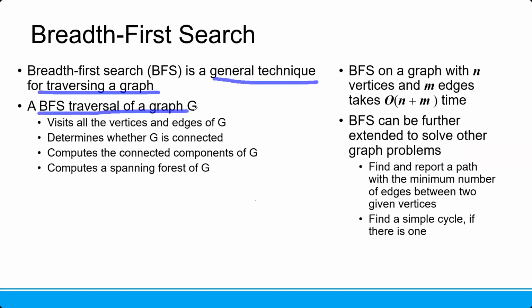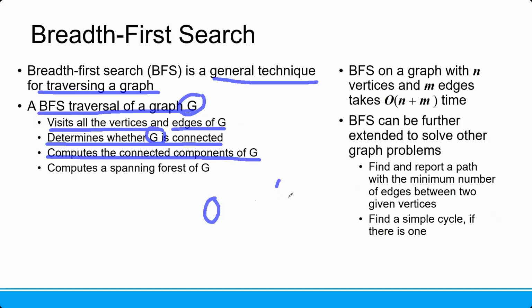In BFS, the idea is similar to DFS. We need to visit all the vertices and determine whether G is connected. Okay, G is a graph. And we want to compute the connected components. I have a graph.